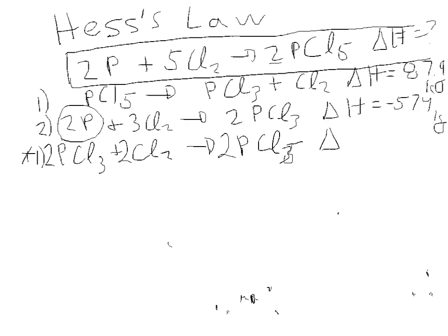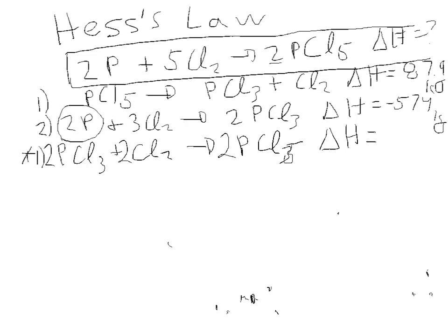Now, what would happen to the amount of energy if I took equation number 1 and doubled it and flipped it? Well, the delta H value was 87.9 beforehand in the first equation, but I doubled it. And that's now going to be 175.8 kilojoules.